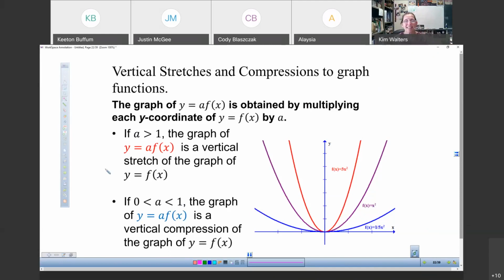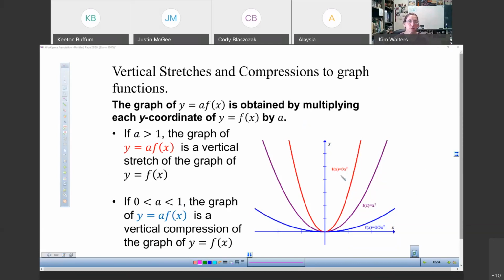It makes it go up narrower. It gets closer to the y-axis. But when I multiply it by 1/5, not 1/3, it widens it, it compresses it. It gets wider, it gets further away from that y-axis. And so that's what's going to happen to these.